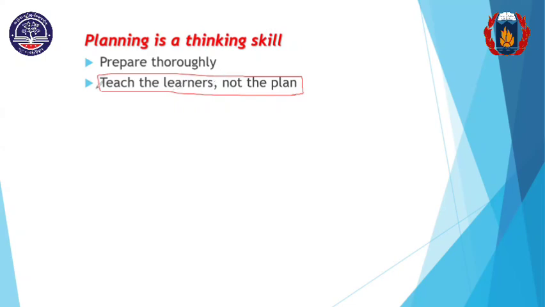So sometimes we have the lesson plan already. Some teachers think that the lesson plan is a fixed plan, and they don't want to change in the classroom. So at that time, for example, some students don't want to go around the classroom, and they don't like moving around the classroom.